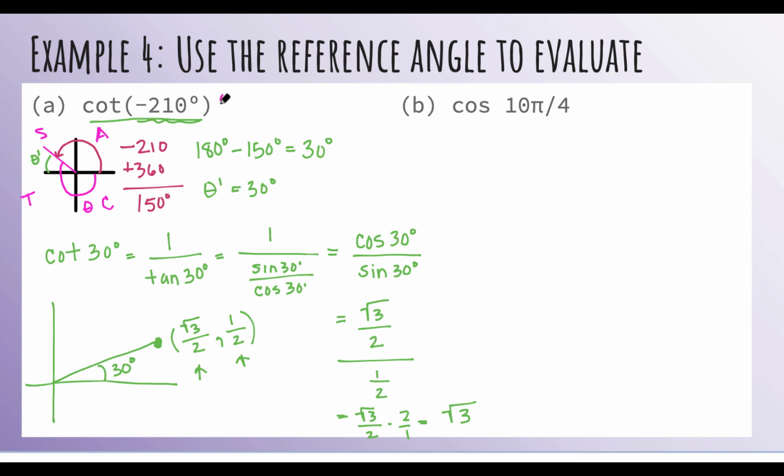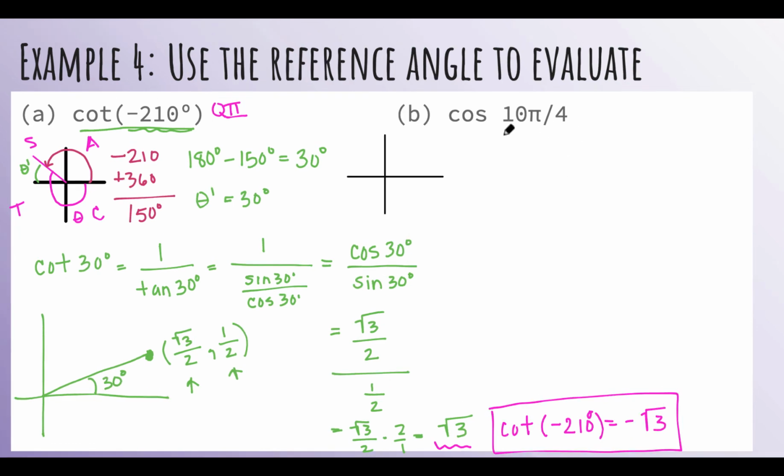In quadrant 2, only the sine and cosecant functions are positive. So the cotangent for negative 210 degrees is going to be negative. So we write that the cotangent of negative 210 degrees is equal to negative square root of 3.